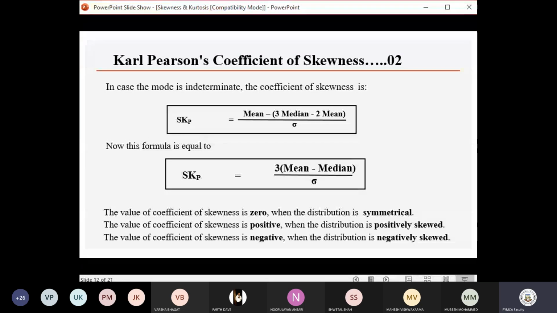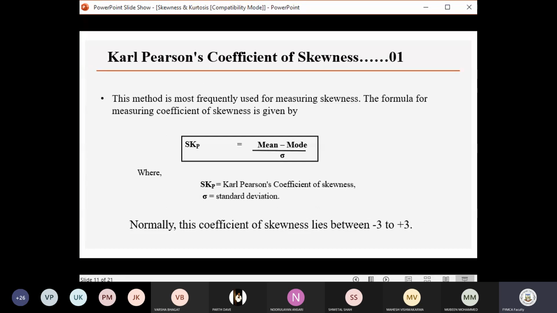Karl Pearson's coefficient is given, and you know the formula of Karl Pearson's coefficient, which is visible on the screen. What is that? It is 3 times mean minus median divided by sigma, or you can relate mean and mode also, that is mean minus mode divided by sigma. Sigma is given, both mean and mode are required.